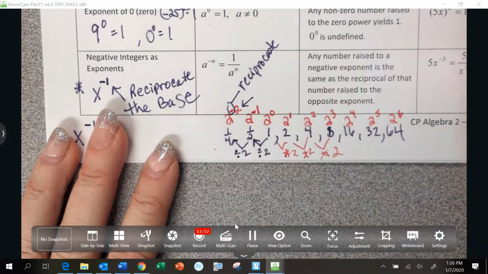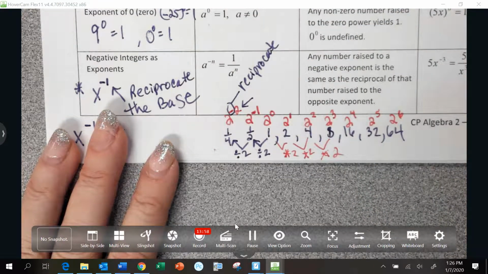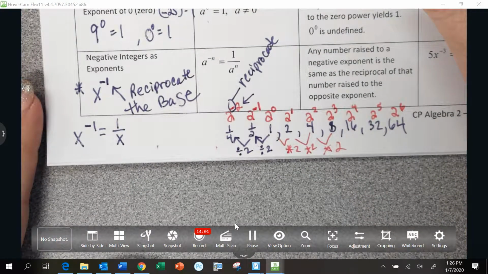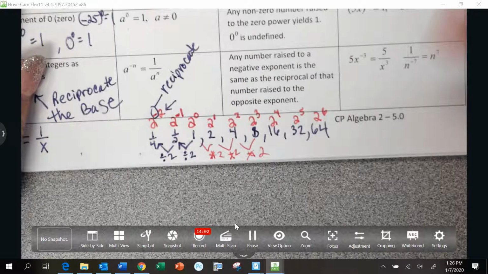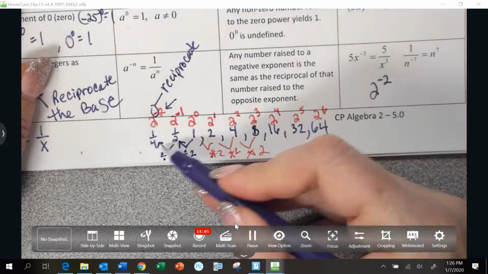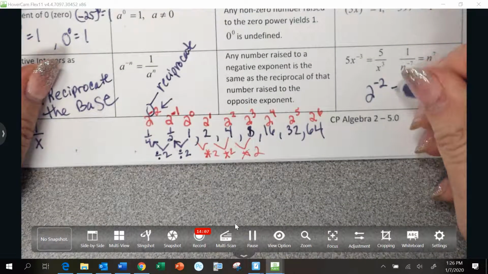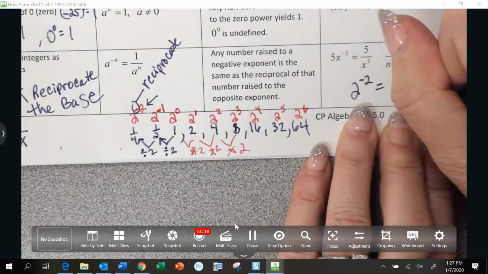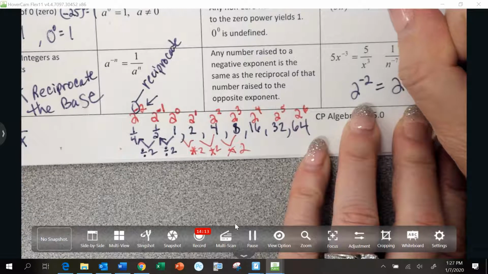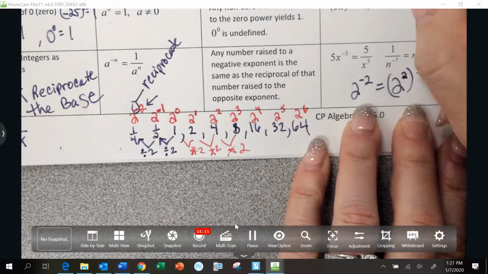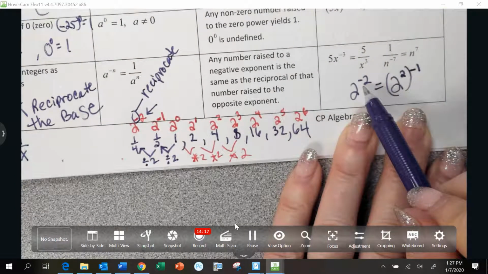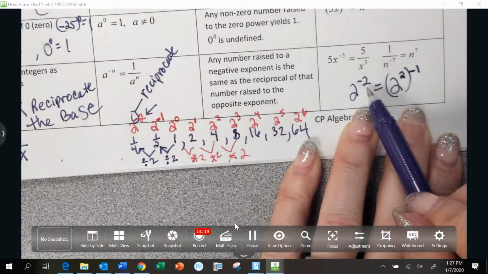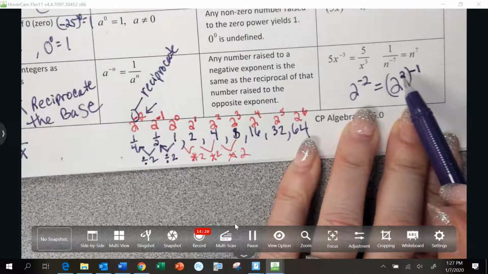The number by the negative tells us what power to raise it to. If I have 2 to the negative 2, I'm going to rewrite it. I'm going to pull apart the negative sign and the 2. 2 times negative 1 is negative 2.